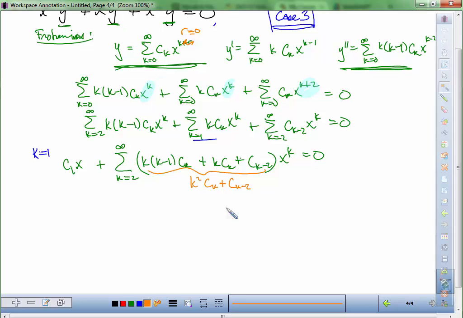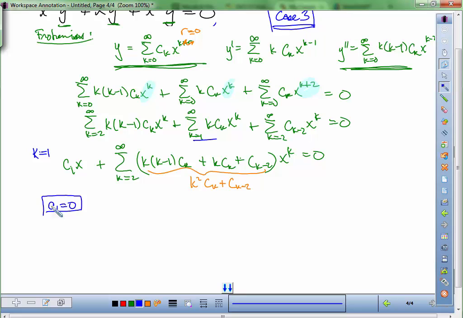So what do we have? We have a bunch of things that are going to be set equal to 0. From the beginning here, C1 is going to be equal to 0. And this recurrence relationship that we're going to find is for k equal to 2 and higher.